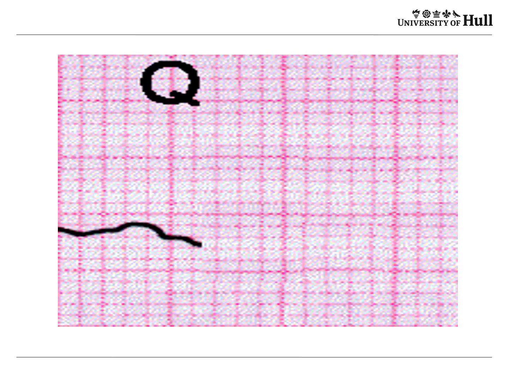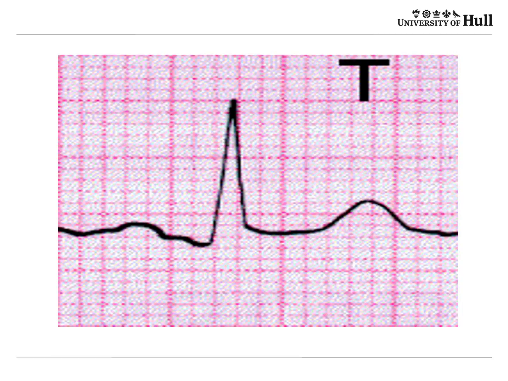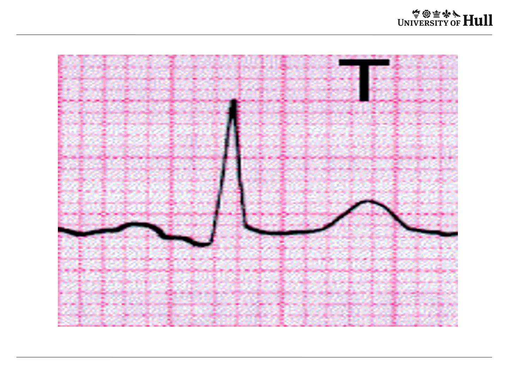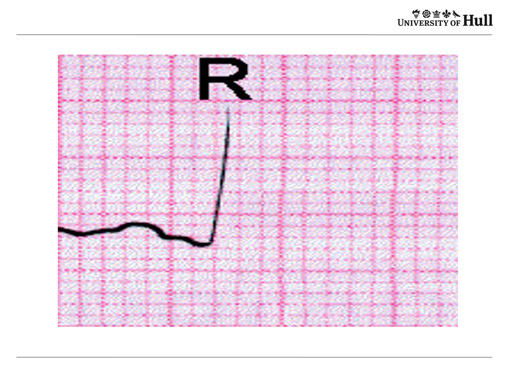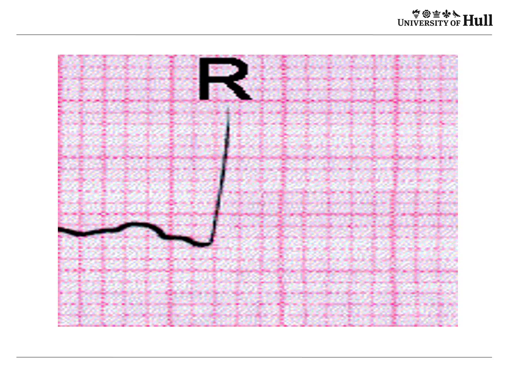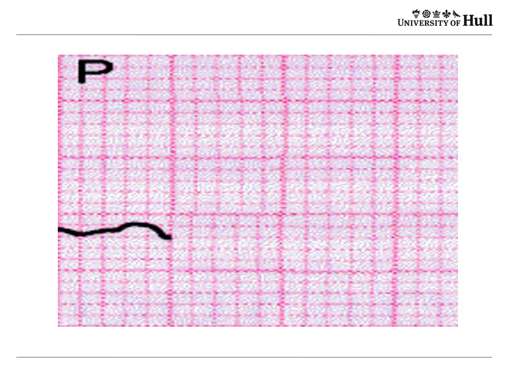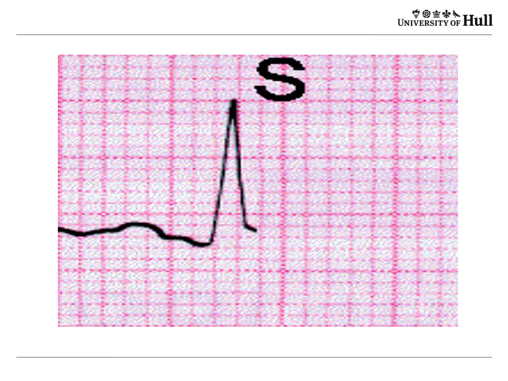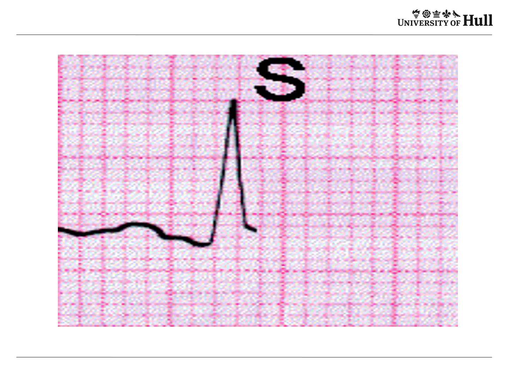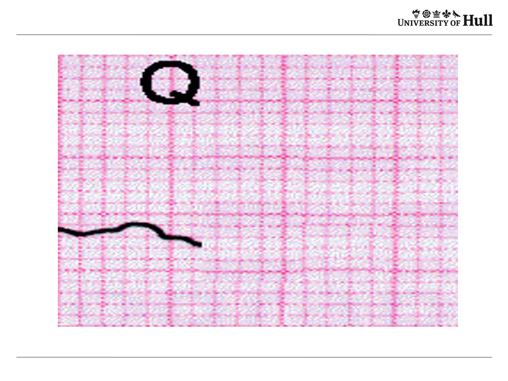The initial pulse is the P wave, followed by the QRS complex, and then the T wave. And these all represent different aspects of the electrical activity in the heart. And the next diagram shows how we can relate them to the mechanical activity in the heart.